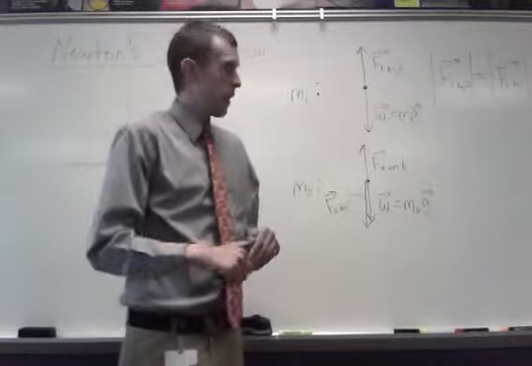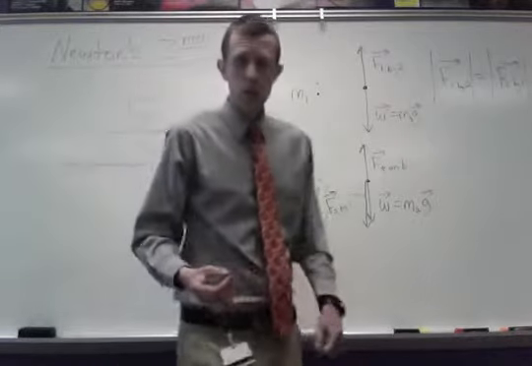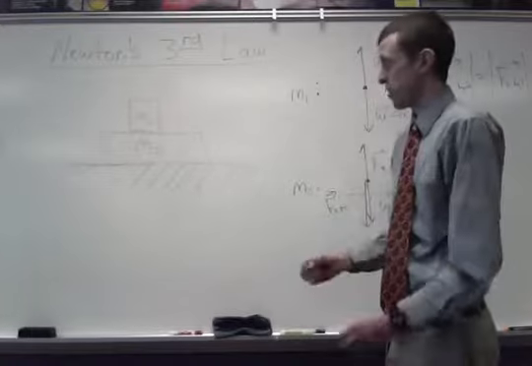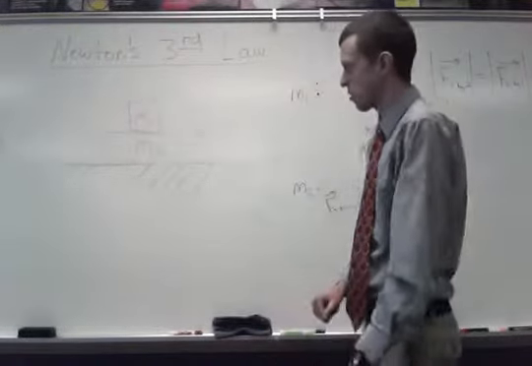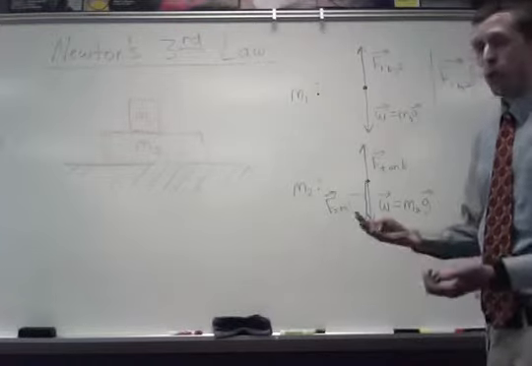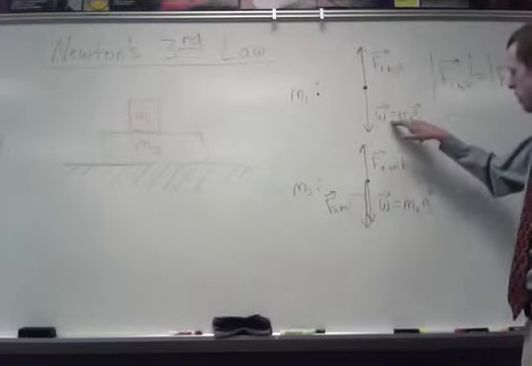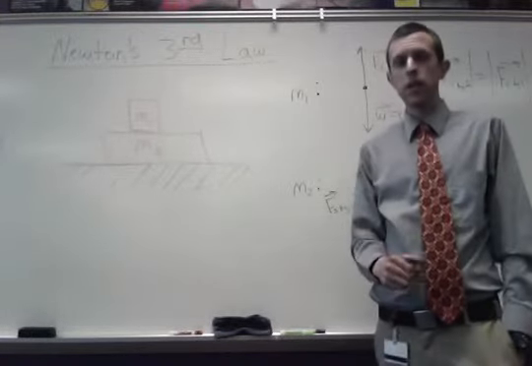Now these are not the only Newton's third law pairs in this situation. We've also got the table involved here, and we've got the Earth involved here. This isn't really a two-object system. It's at least a four-object system. So for each one of these weights, that's a force downward on those masses by the Earth.